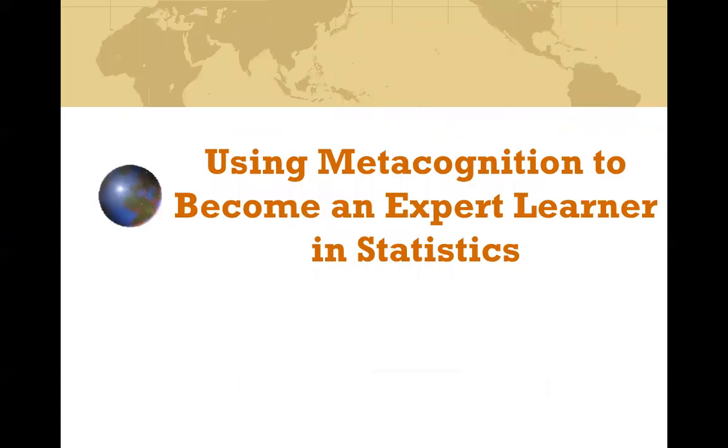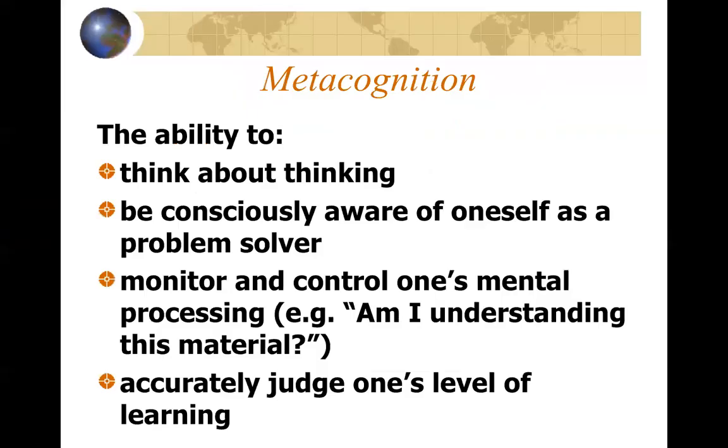So what we're going to do is use metacognition to become an expert learner in statistics. So that begs the question, what's metacognition? Think of it this way. Up above your brain is another big brain looking down on your brain. And it's asking questions like, looking down on my brain, hey, what's Larry doing down there?